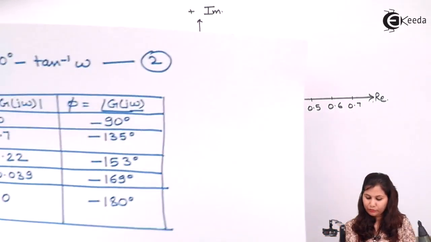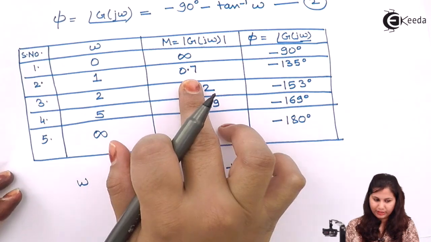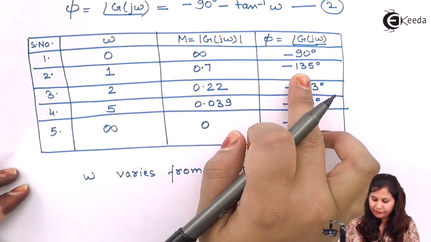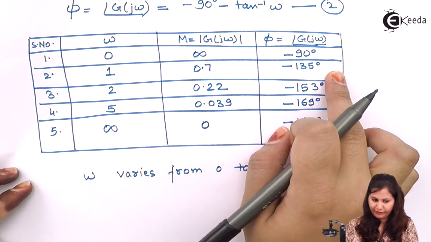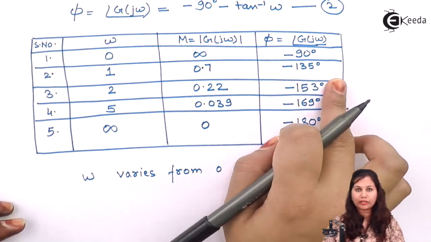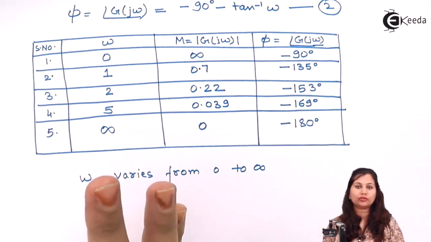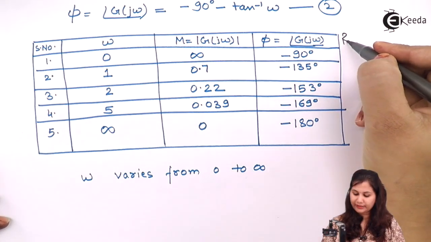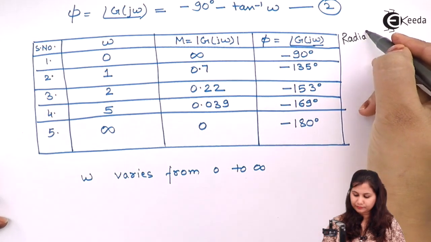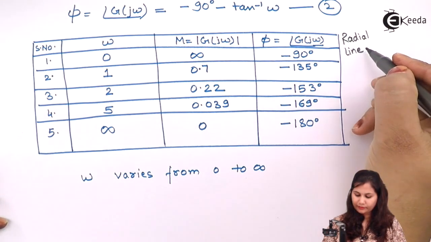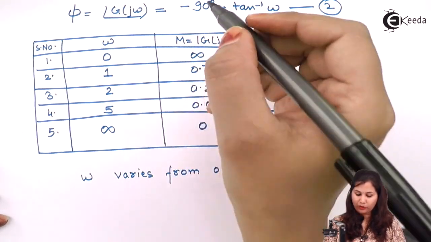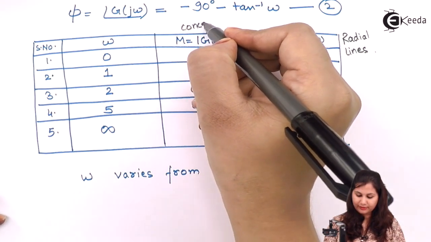Now for omega equals to 1, we have magnitude as 0.7 and the phase angle is minus 135 degrees. So just plot this minus 135 degrees. Phase angle is represented on the polar plots as radial lines, and magnitude is plotted as concentric circles.